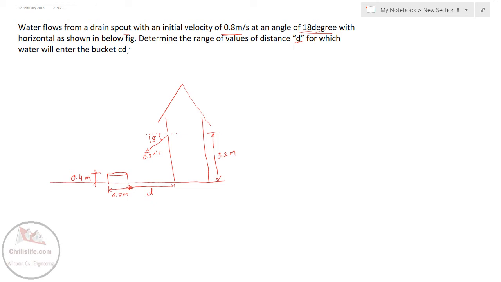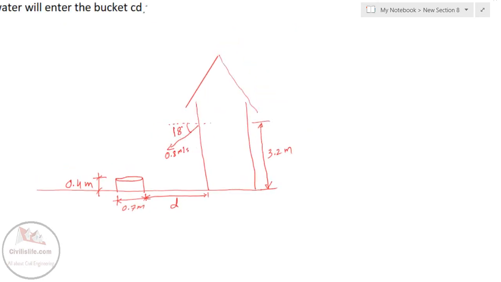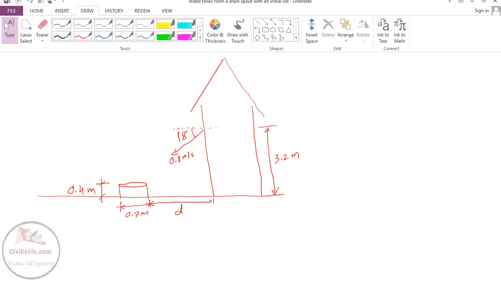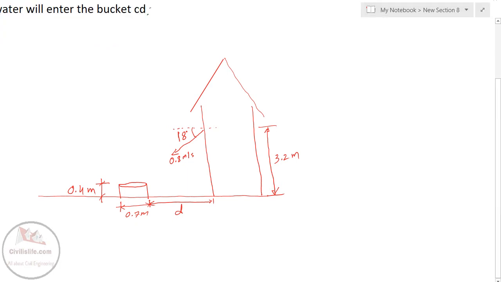So here let's find what the given data are. If you look into the figure, this is u, the velocity with which it is projected, and this angle of inclination is denoted as alpha. Then there are two cases now.